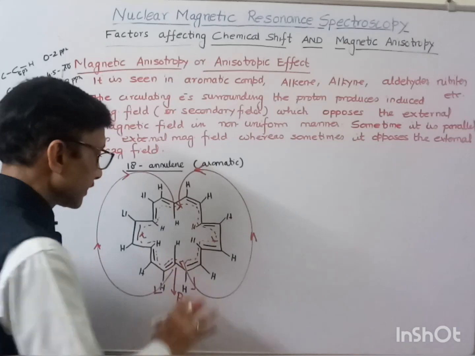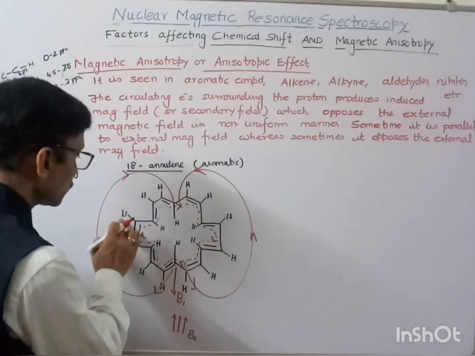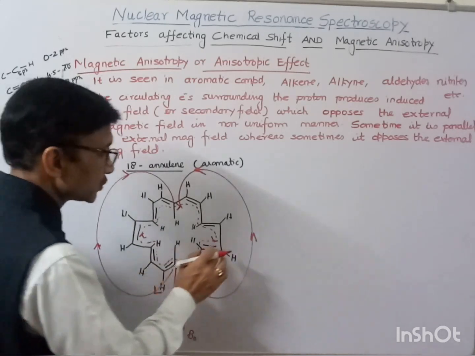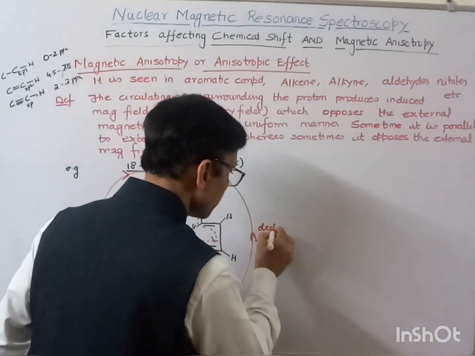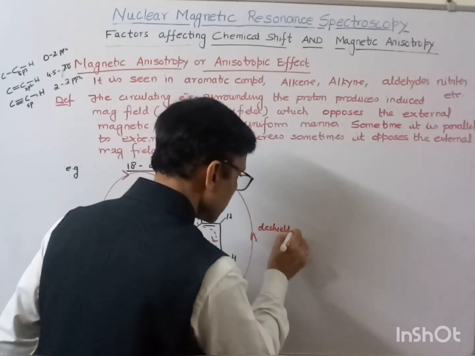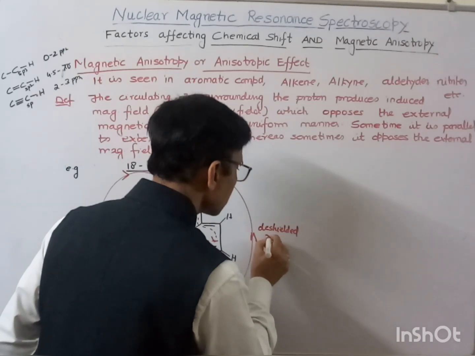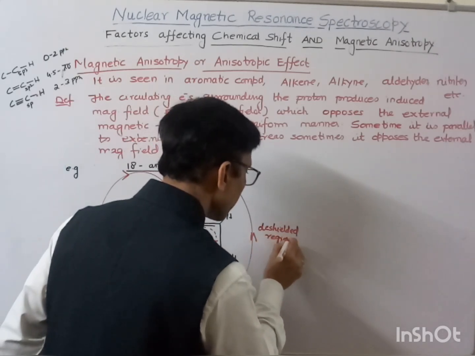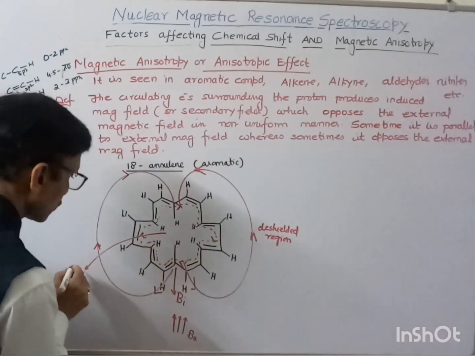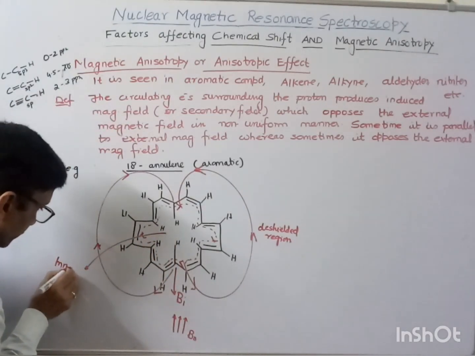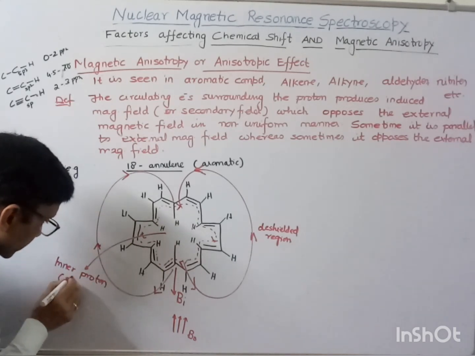So these inner protons are very much shielded, whereas these outer protons are the de-shielded ones. So this is the de-shielded region, or de-shielded protons, we can say, the diamagnetic zone. And here these inner protons are quite shielded.